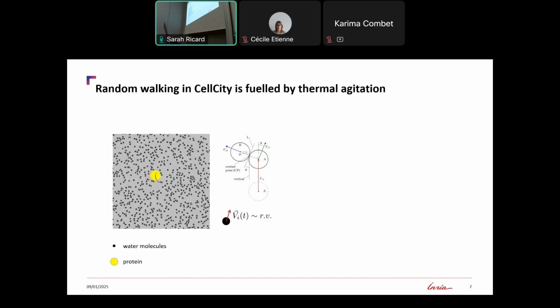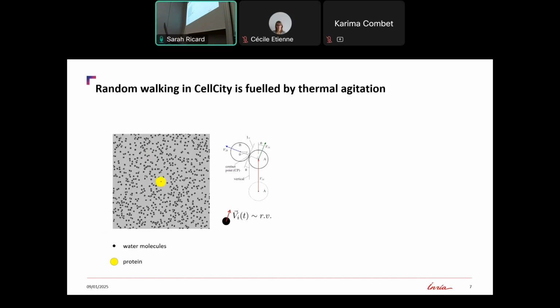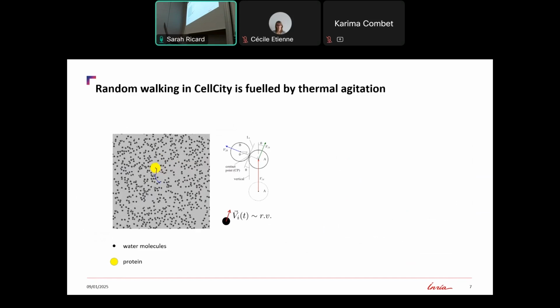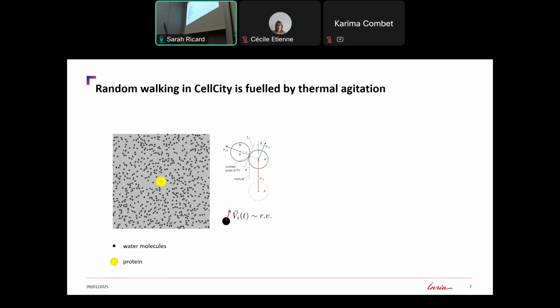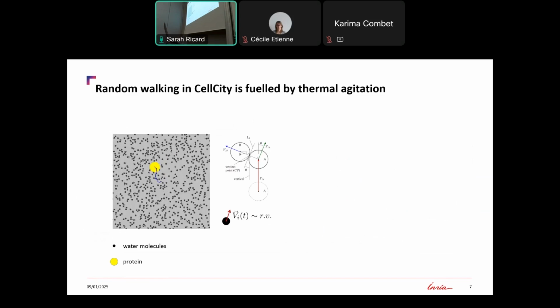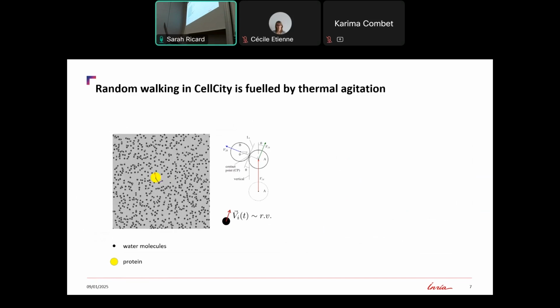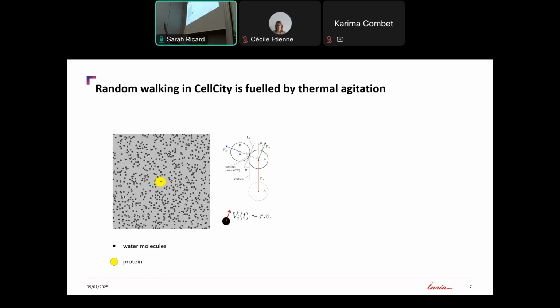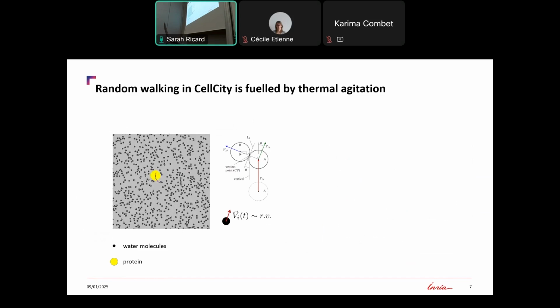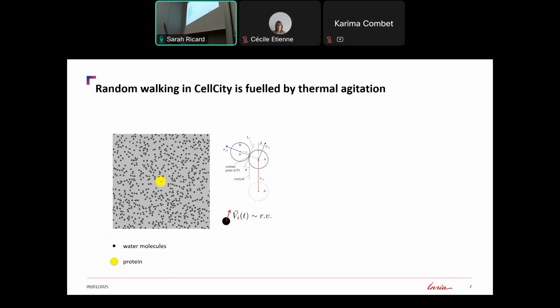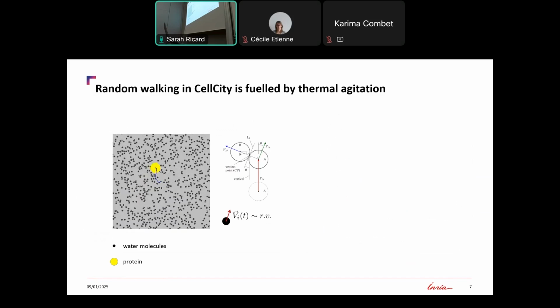And so all of our water guys, at some point, have a direction that is random. But of course, your protein that is there, the yellow guy, will collide also with those blue water molecules. Each time a black water molecule collides with the protein, it will move it a small move in a direction, right?